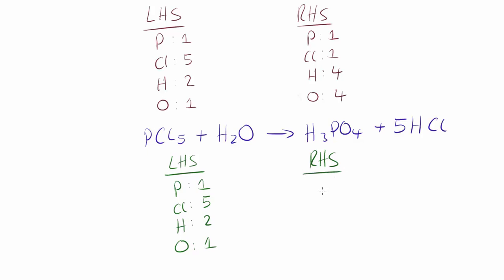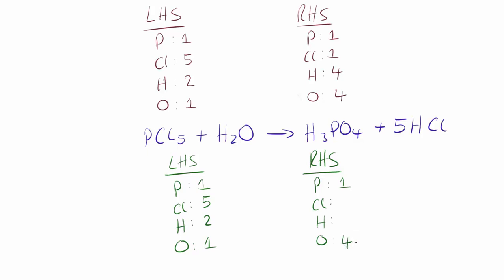And on the right hand side, if we take a look at this, the only things that should be affected are the H and the Cl. For phosphorus, it's going to be the same as before. It's going to be 1, as you can see. It only occurs once, and there's no oxygen in the species we did modify, so oxygen is also going to be the same.